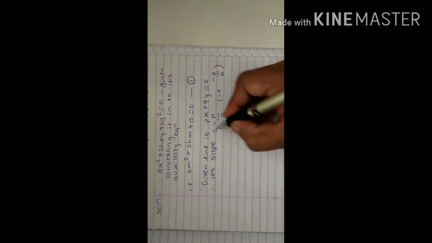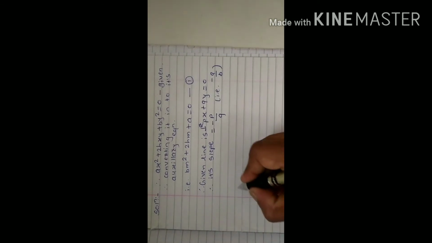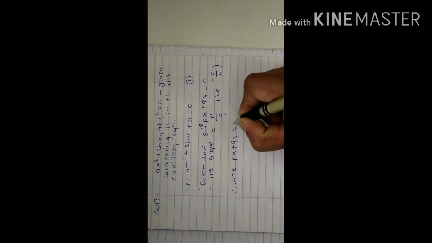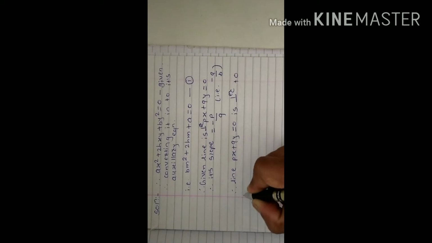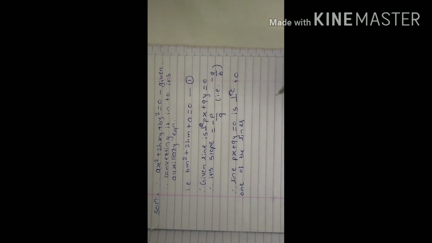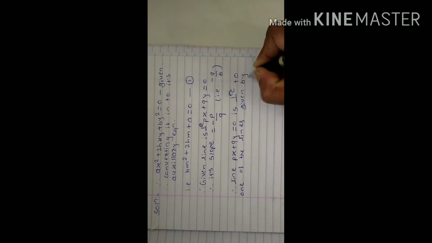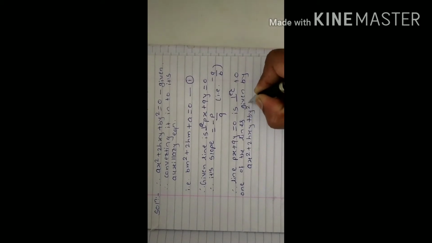Line px plus qy is equal to 0 is perpendicular to one of the lines given by the auxiliary equation, the homogeneous equation of second degree, ax square plus 2hxy plus by square is equal to 0.